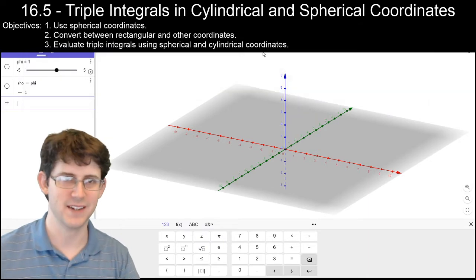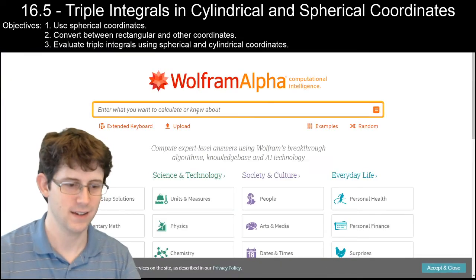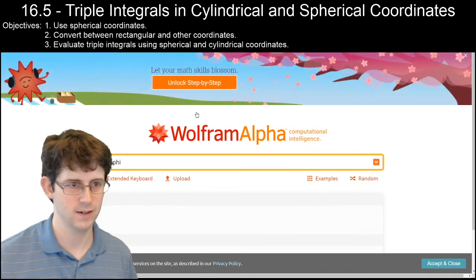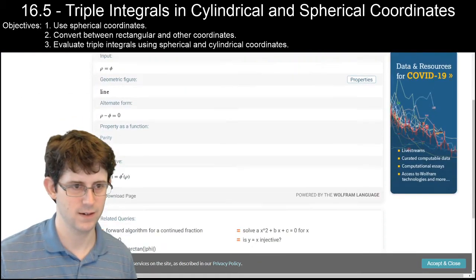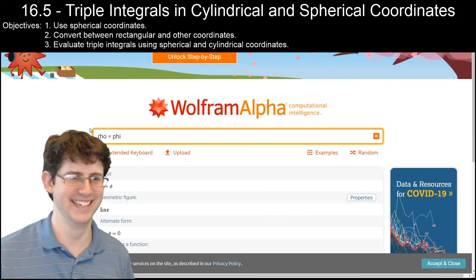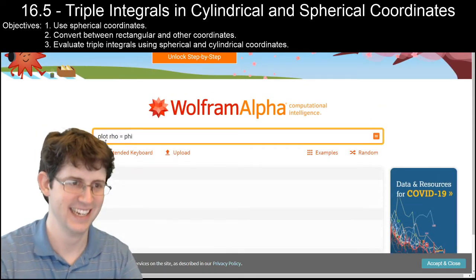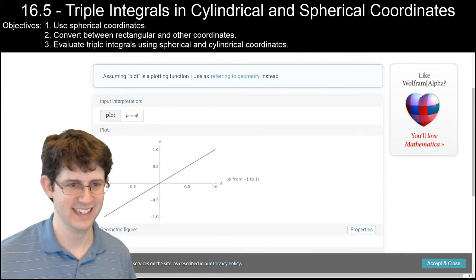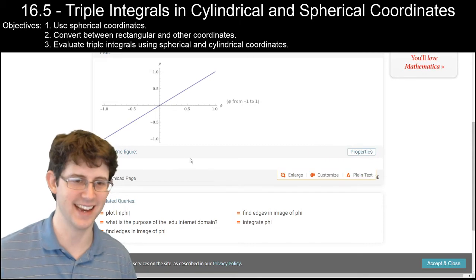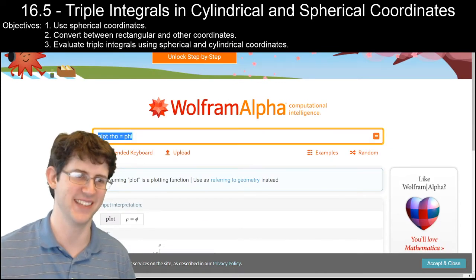Let's see if Wolfram Alpha knows how to do it. Line? No, it's not. Don't lie. Yeah, well, if you make the axes phi and rho, then it's a line, but that's pretty pointless.